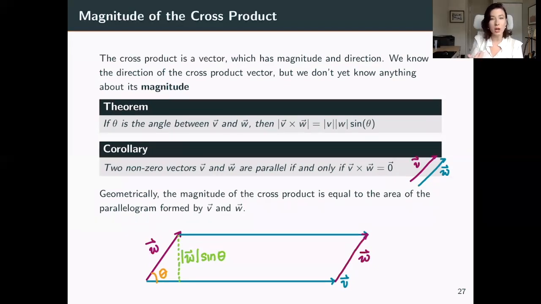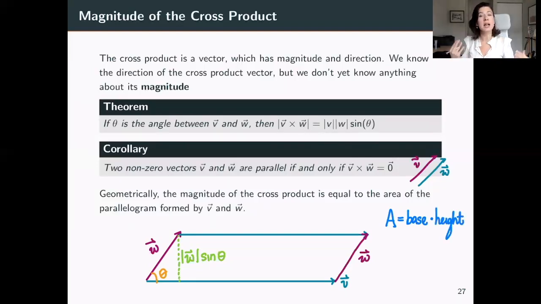Then we can use our knowledge of geometry and the area of parallelograms to remember that the area of a parallelogram is going to be given by the base times the height.